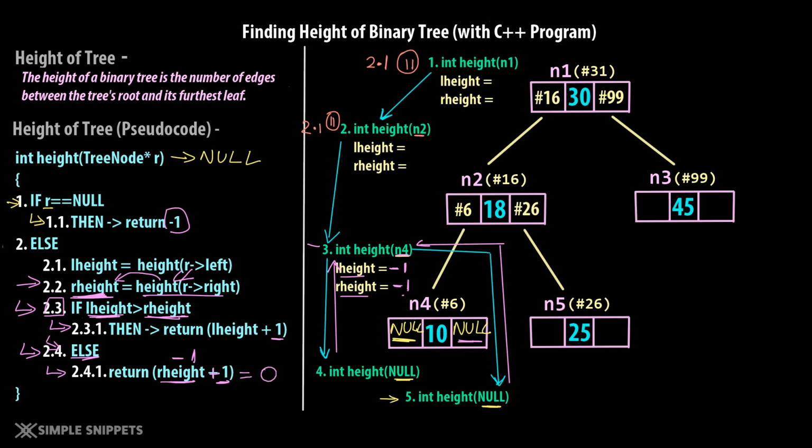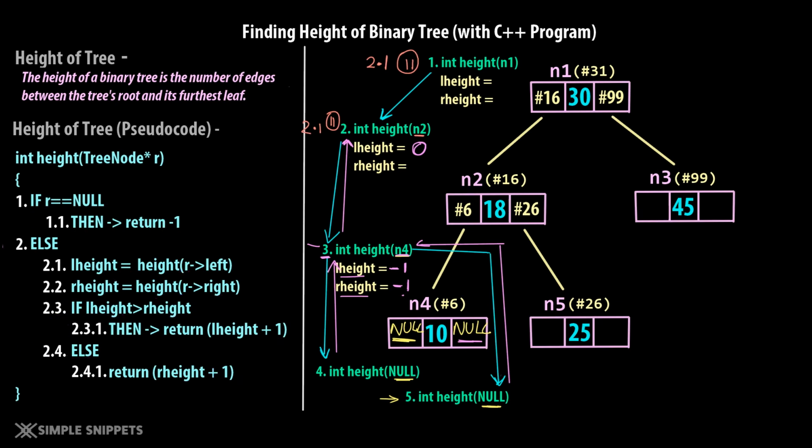So from this function, we are returning 0, and where are we returning it? To the calling function. Who called this third int height function call? It was the second int height function call, right? So we are returning 0, and that 0 will be returned to the L height. Why is that so? Because you can see the second height function call was paused at step number 2.1.